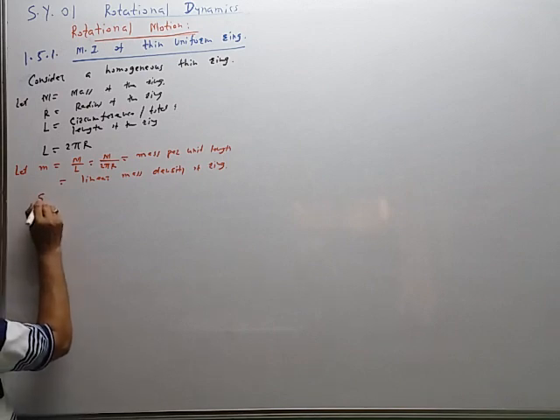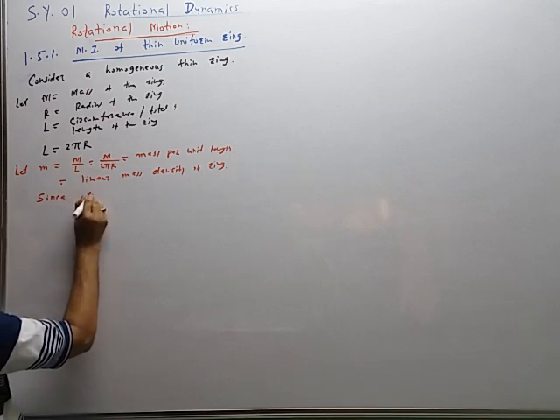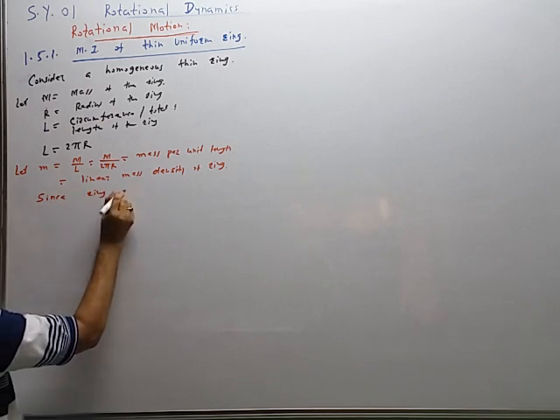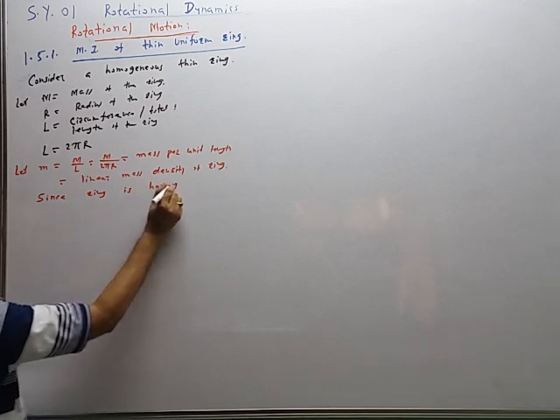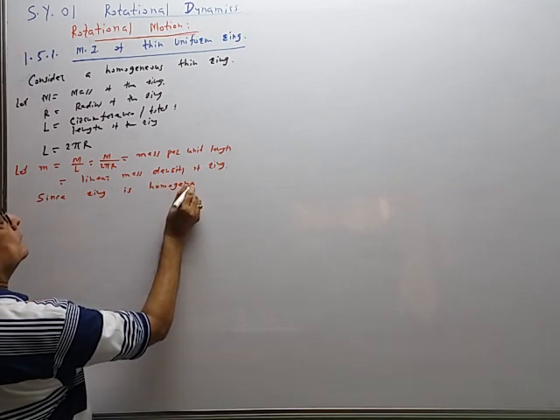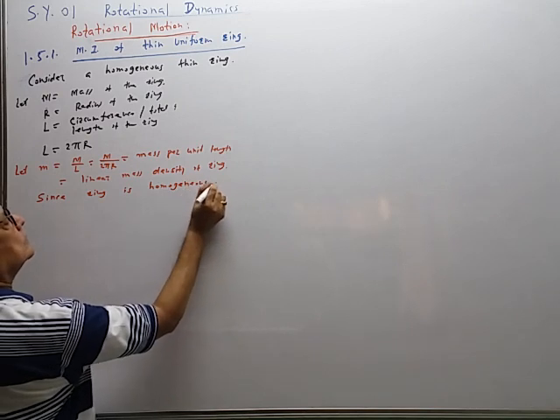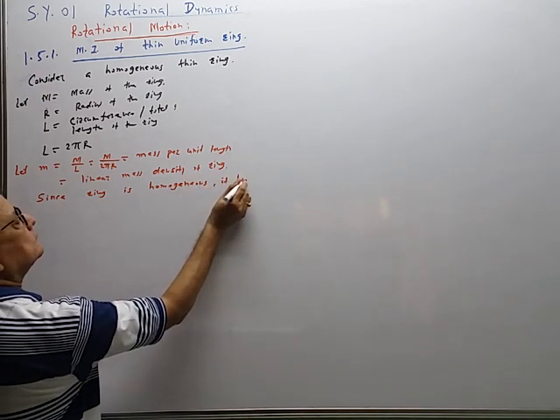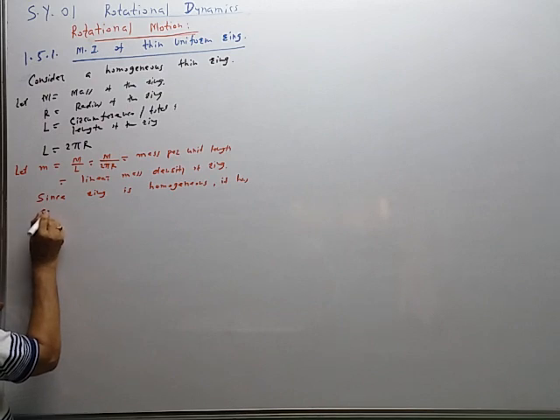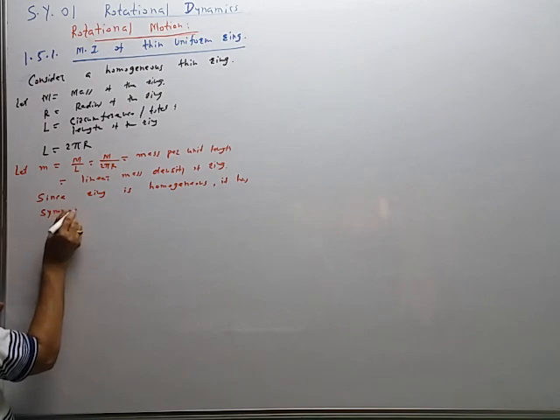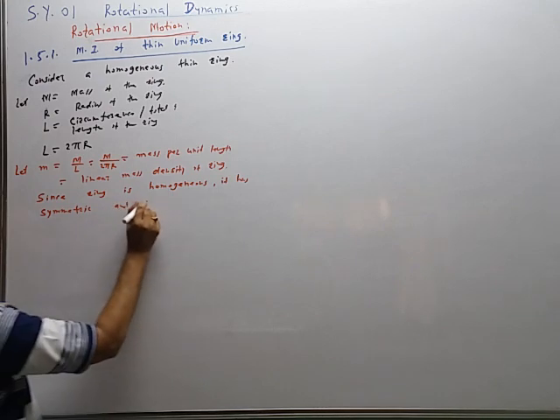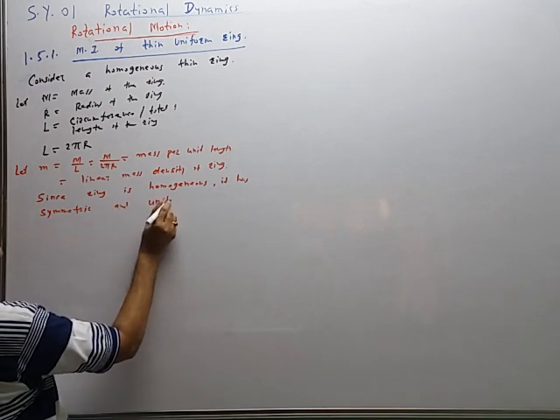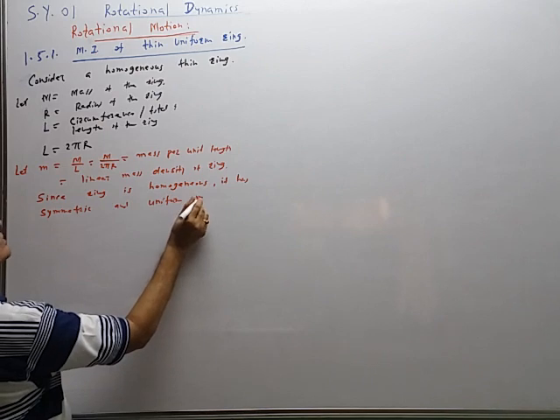Since a ring is homogeneous, it has symmetric and uniform mass distribution.